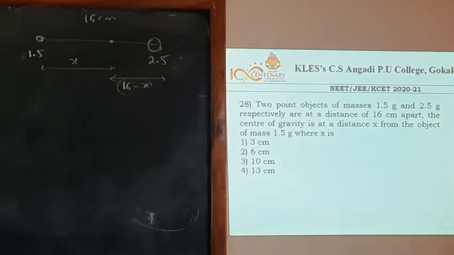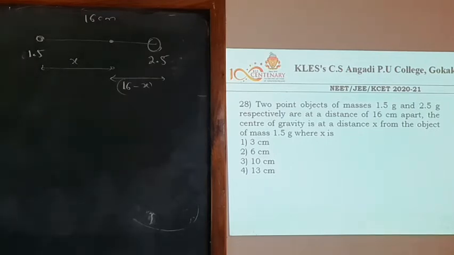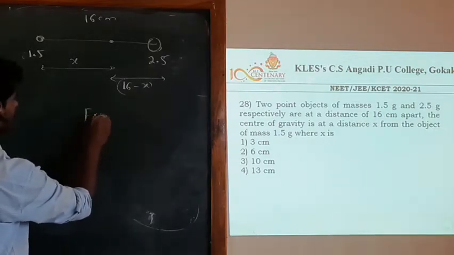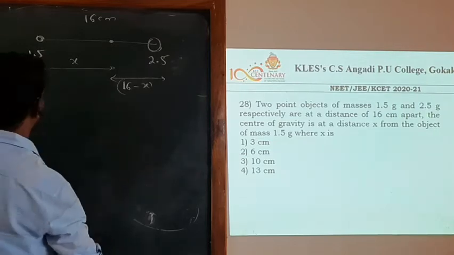We know at the center of gravity, the moments of both the forces are equal. What does moment of force mean? It's force into distance. So they are the same for both the bodies.